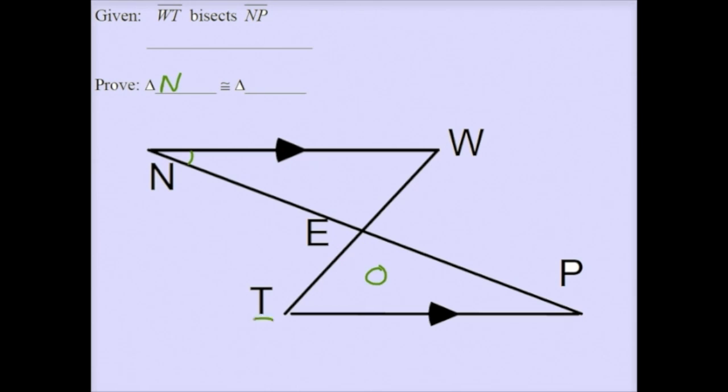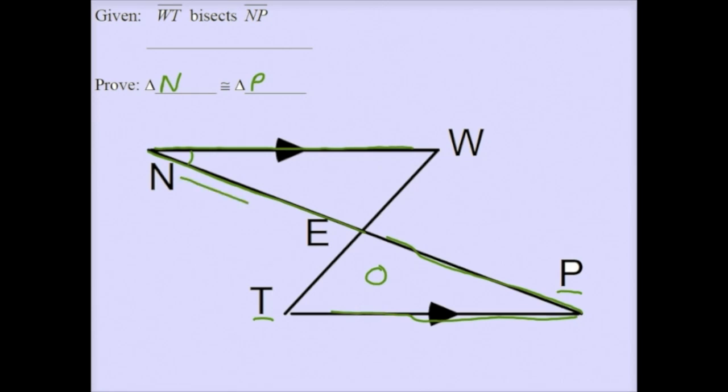It's either going to be T or it's going to be P, and how will we know? Well, angle N is created by this long parallel side and then this long side connecting to E. And likewise, angle P is made from this parallel side and the long side connecting to E. So N corresponds with P. And from there, we can kind of piece together the rest.